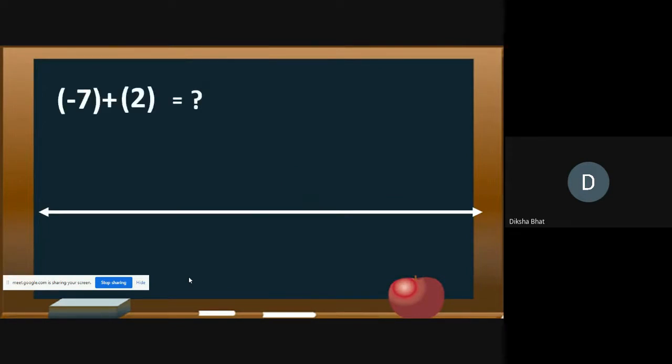Let us solve one more problem. Negative 7 plus 2. So what will be the first step? Draw numbers on the number line. Yes, correct. So which is the first integer? -7. Okay.